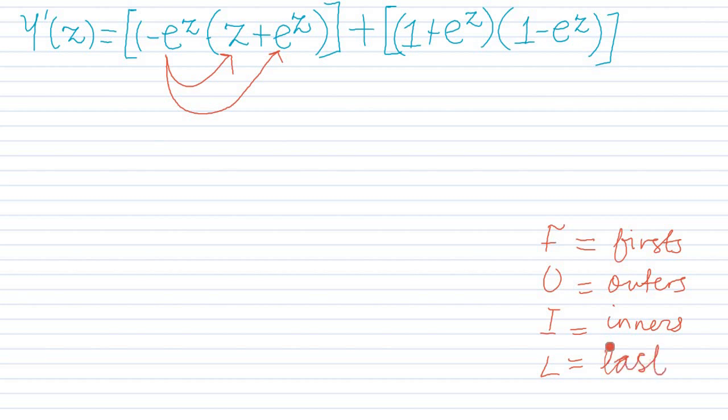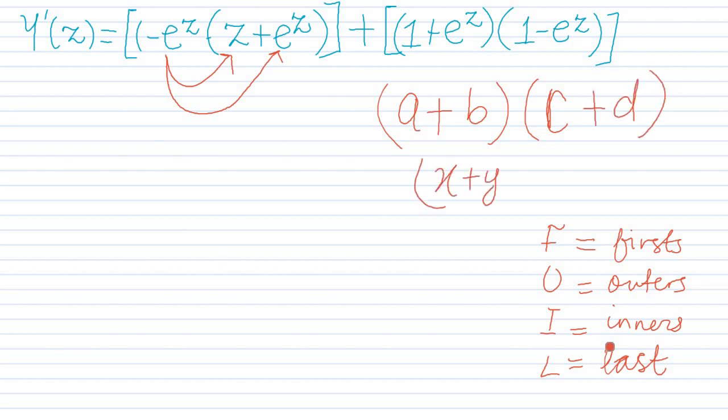In order for you to expand anything that looks like this, so if you're given a plus b, all in brackets, multiplied by c plus d, or x plus y multiplied by w plus v, and a, b, c are just simple terms that represent actual quantities. They don't always have to look like this.